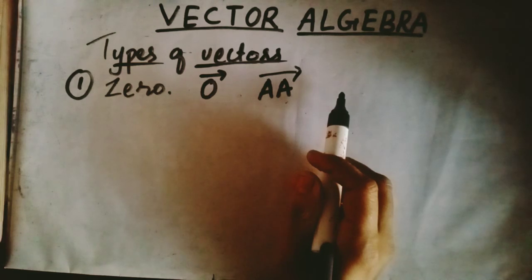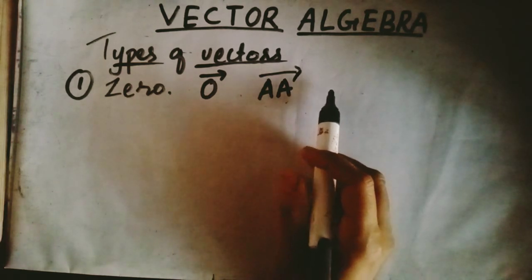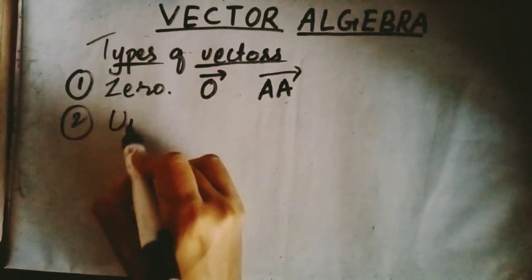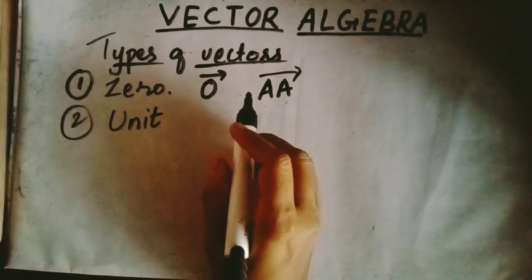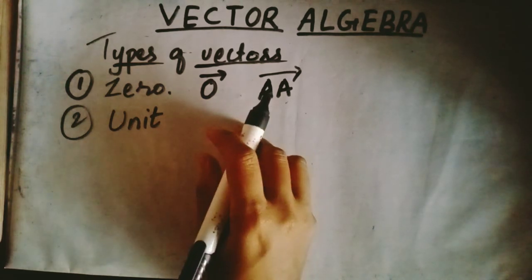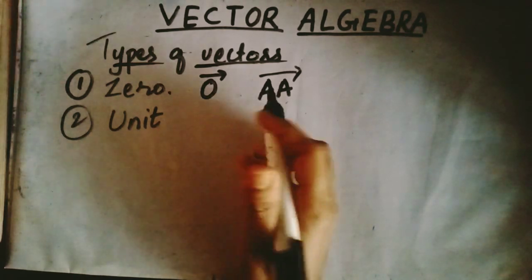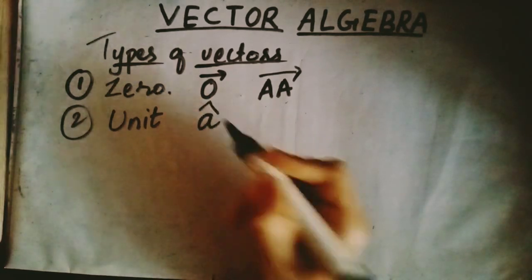The second one is your unit vector. Unit means 1. A vector whose magnitude is unity is called a unit vector, and it is denoted by a cap.